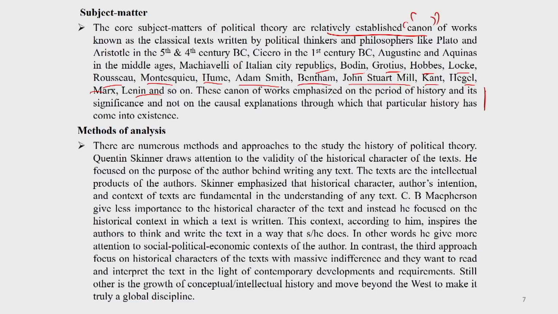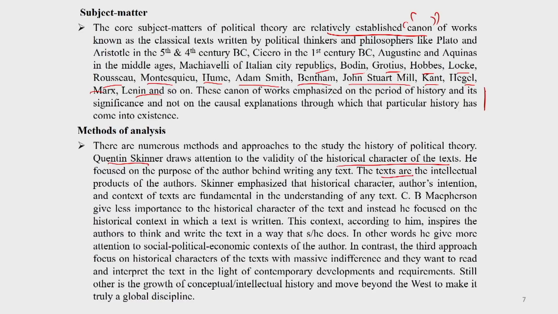Now, if you look at the methods of analysis in political theory, there are numerous methods and approaches to the study of the history of political theory. We can discuss some of them here. One is Quentin Skinner, who draws attention to the validity of the historical character of the text, and he focuses on the purpose of the author and his intention behind writing any text.